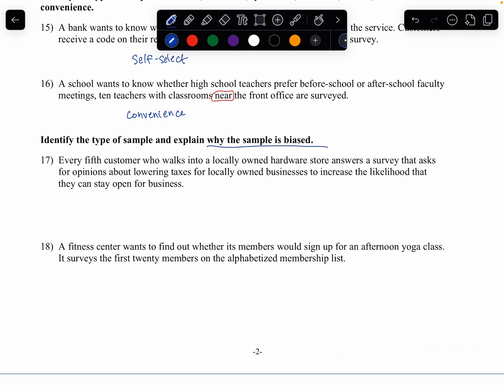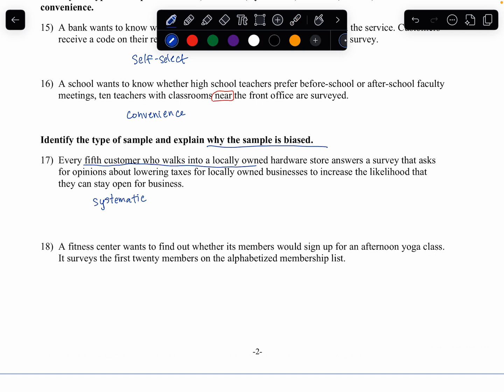For 17, identify the sample and explain why the sample is biased. So it is a biased sample, and we have to explain why. Every 5th customer that walks into a locally owned hardware store answers a survey that asks for opinions about lowering taxes for locally owned businesses to increase the likelihood that they can stay open for business. So this is a systematic. A systematic is whenever there's a rule.